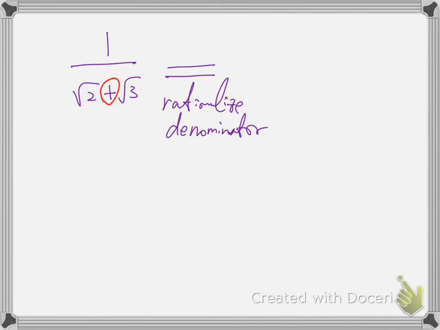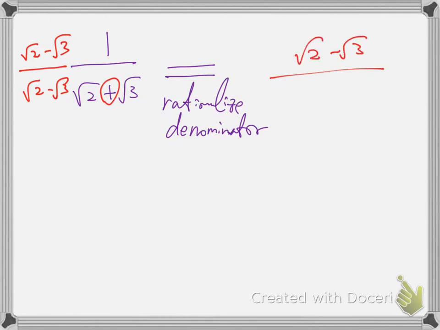You're given minus, you use plus. So both numerator and denominator are multiplied by radical 2 minus radical 3. For the numerator, anything times 1 is the same thing, so you get radical 2 minus radical 3.